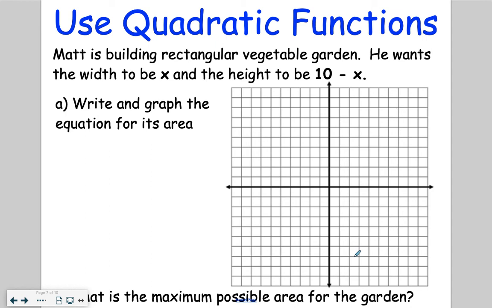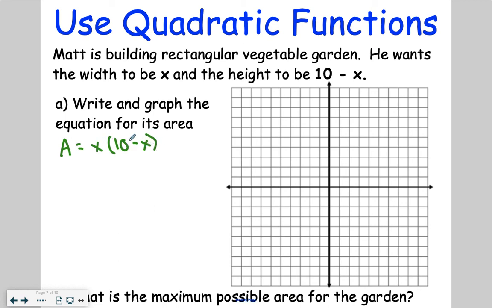Another problem, we got Matt is building a rectangular vegetable garden. He wants the width to be x and the height to be 10 minus x. So we're going to start by writing and then graphing the equation. So I'm going to help you with the writing part. So we've got area is equal to our base, which is x, times our height, which is 10 minus x.